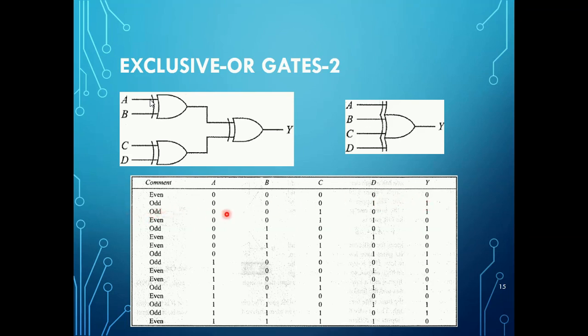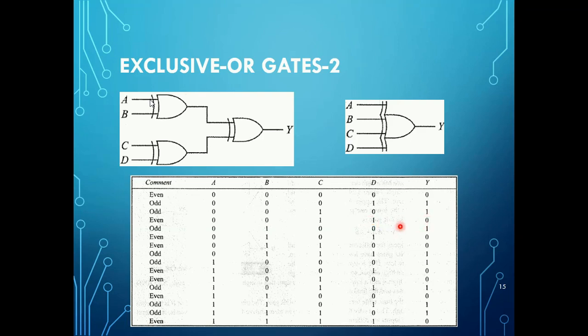Next, 0, 0, 1, 0, again an odd number of high inputs. So that's why output is high. Next 0, 0, 1, 1. So 1, 1 means it is high twice. Twice means it is even. If you have even high inputs, then output will be 0.